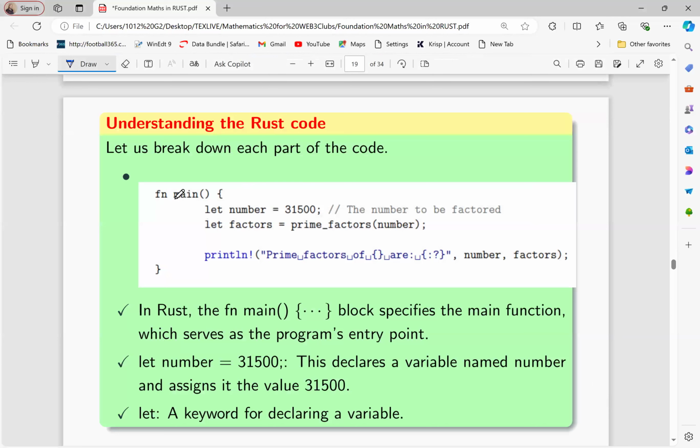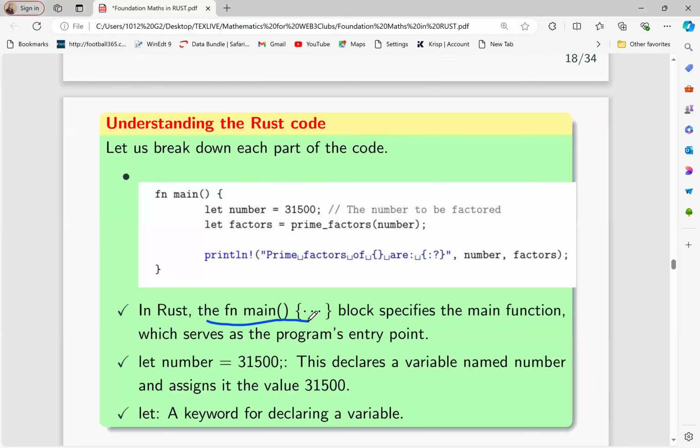I already said this is the function. It begins by saying let. So you need to know what each of these means. I've said in Rust, this fn is the main function, and that's the entry point. That's where you're beginning, you are inputting your numbers and so on.